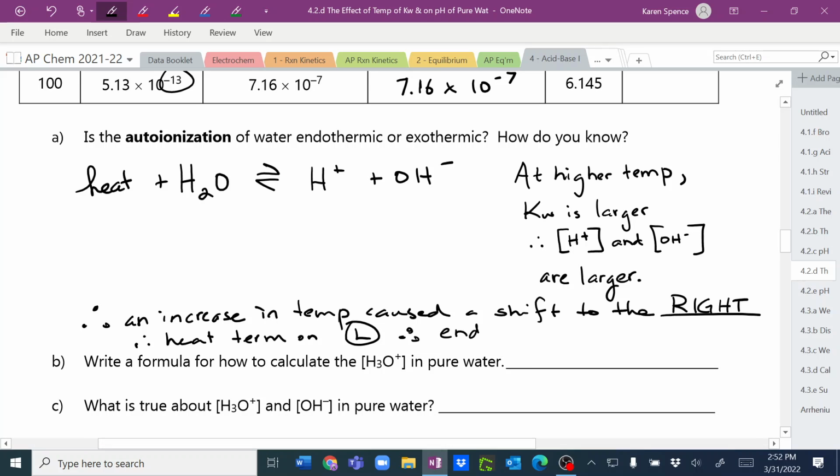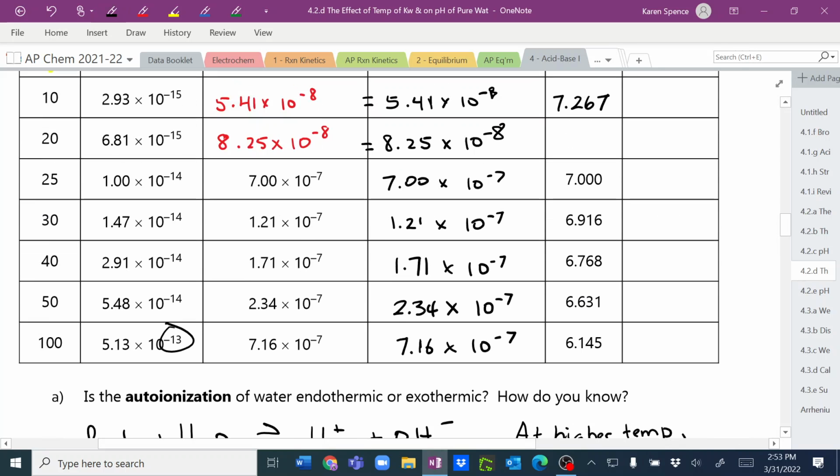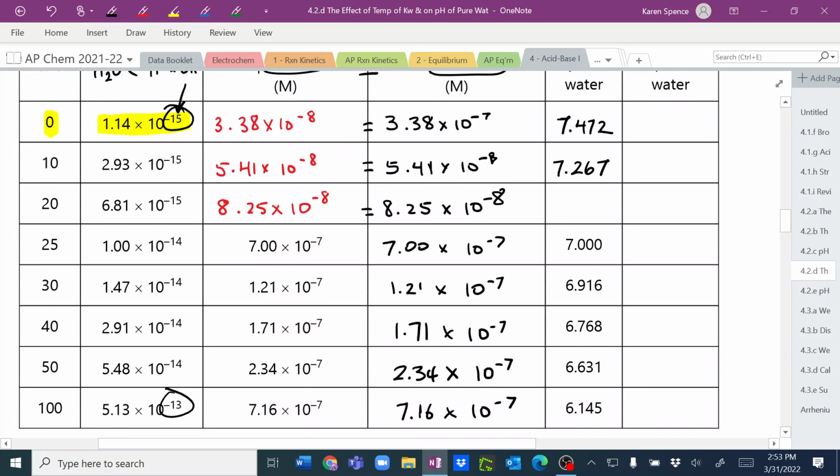Endothermic. Yes. I'm going to go back up in just a second. Okay. So we carry on here.